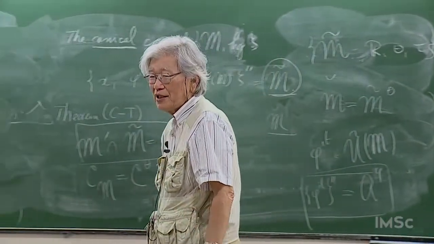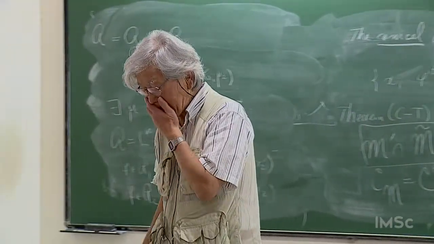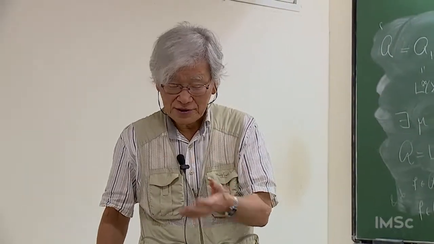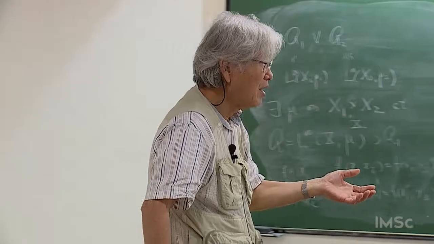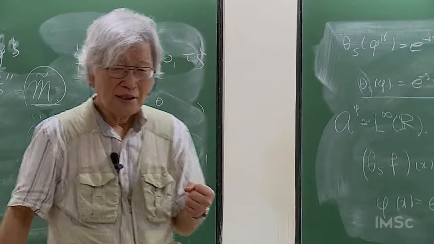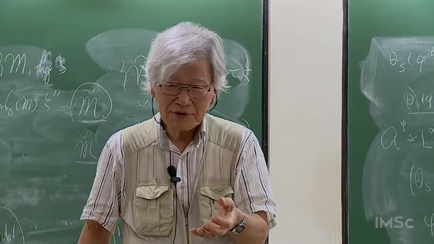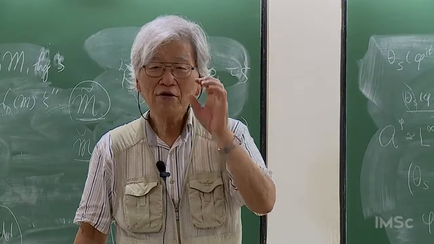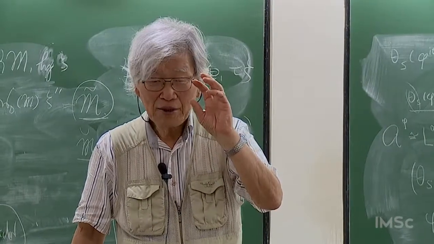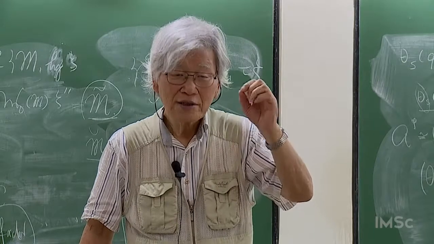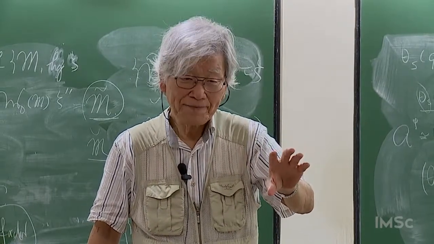Now, I mentioned once the Shapiro machine. The Shapiro machine is a prescription to find the coboundary element in your system.